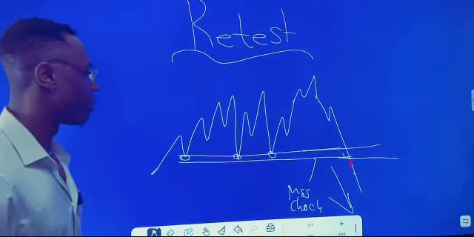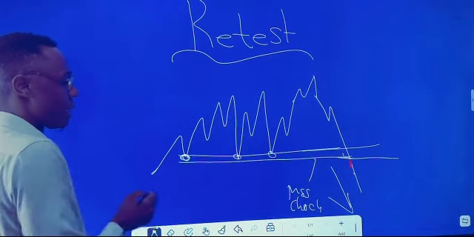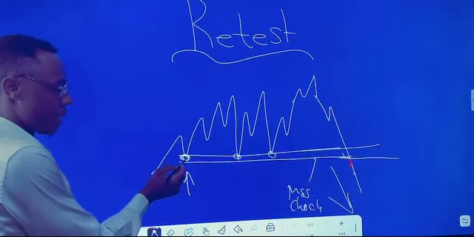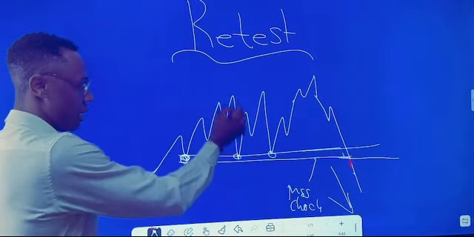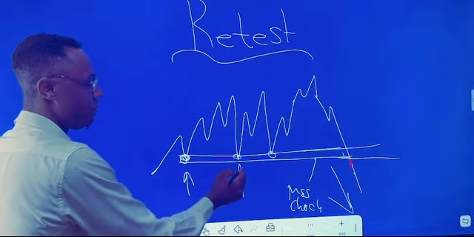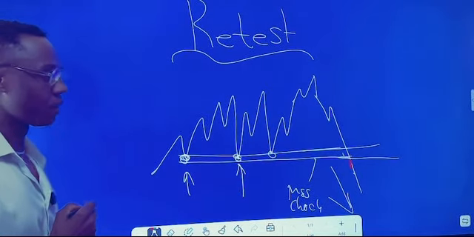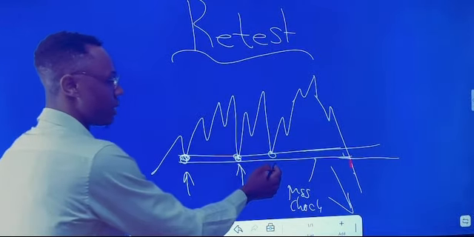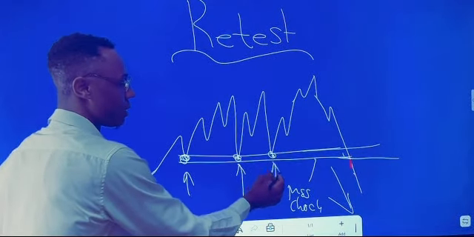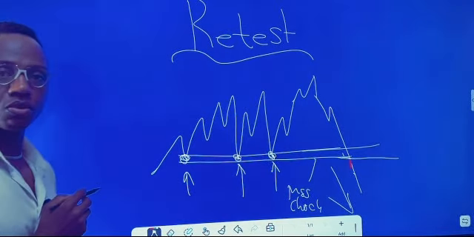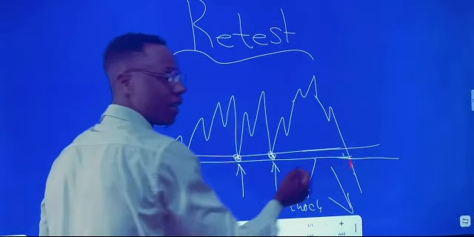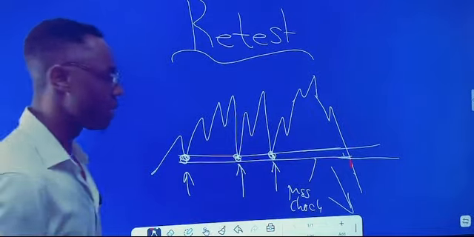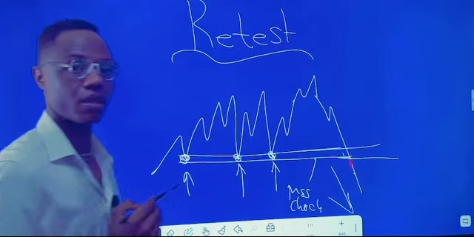For example, the buyers beat the price here, they fought the price and defeated it. It came back again, the buyers defeated it again. Now it came back again, the buyers defeated the sellers at this zone again. Then they went out this way, they came back, and the sellers defeated the buyers by breaking the zone.